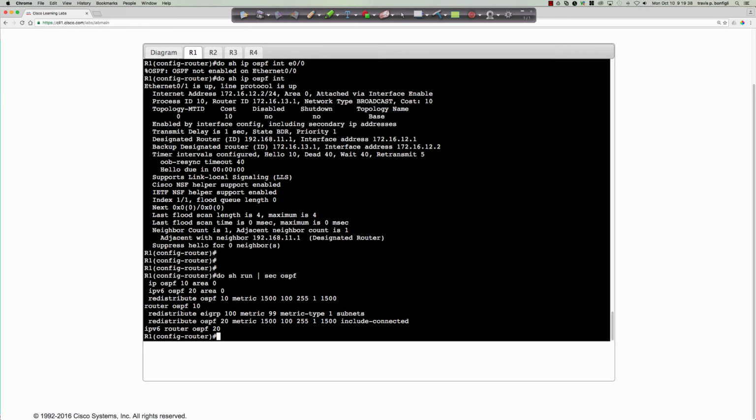You can see that we've got this metric type 1, but it left it at 99 even though I had taken that off. Or I should say, even though when I re-entered the command I didn't put a metric in there. Remember, I just typed in redistribute EIGRP. That's what I typed in, but it left my metric setting from before on there.